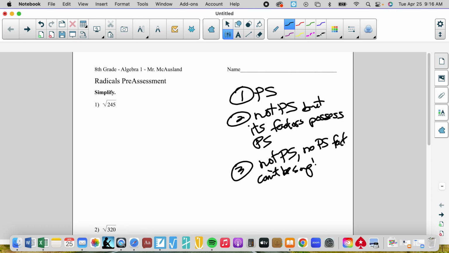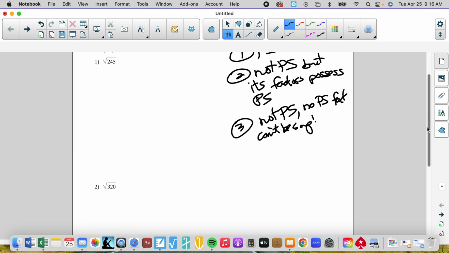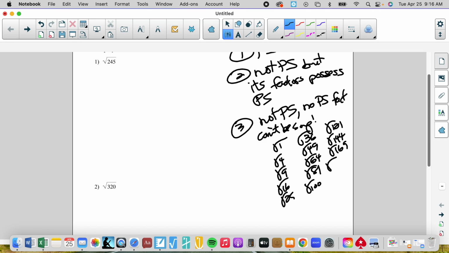All right, 245. When we think of perfect square factors, we think of the first sets of perfect squares. Well, square root of 1 is a perfect square, but that doesn't get us anywhere. So remember, we're looking at square root of 4, square root of 9, 16, 25, 36, 49, 64, 81, 100, 121, 144, 169, 196, and 225.